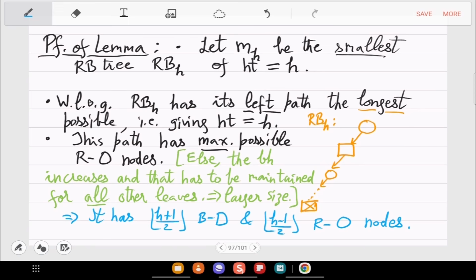Or maybe opposite actually. You want less black. Yeah, so you want as many red as possible, so you can have just above H by 2, not much more, right? Or it can be equal. If H is odd, then it will be equal.